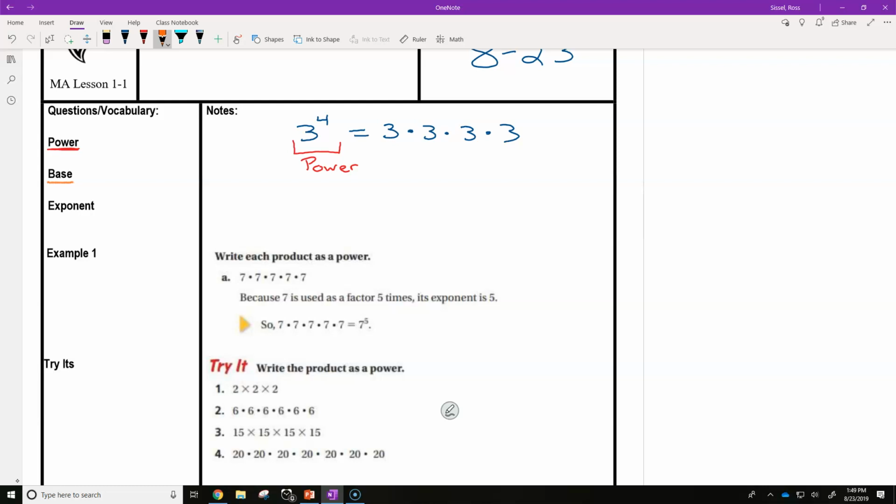So, a base. I'm going to underline the 3, and I'm going to draw an arrow here just to help me show where it is. This is how I like to do it, if you want to do yours a little different. I'm going to say the factor that repeats.